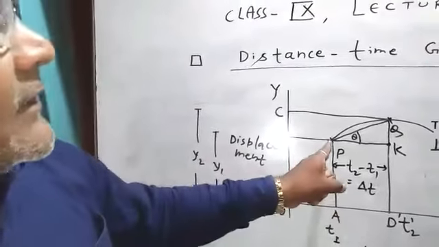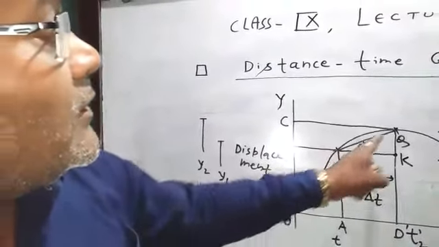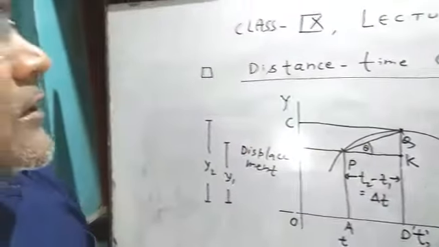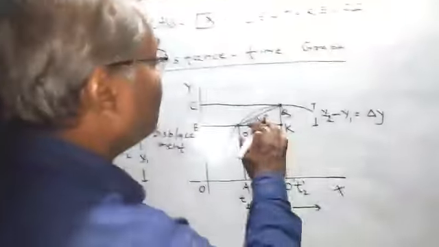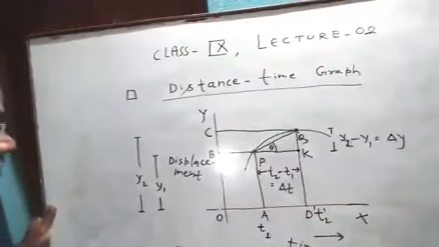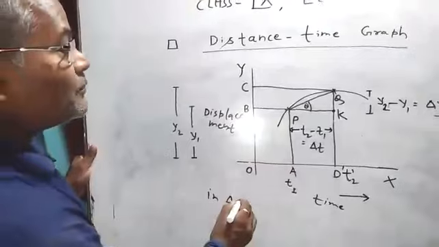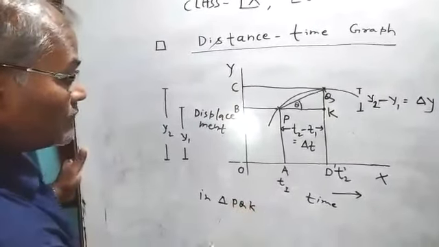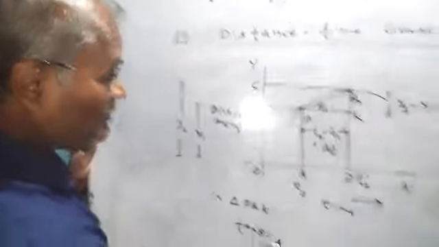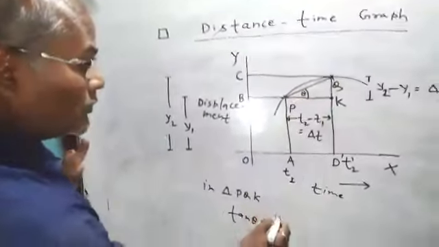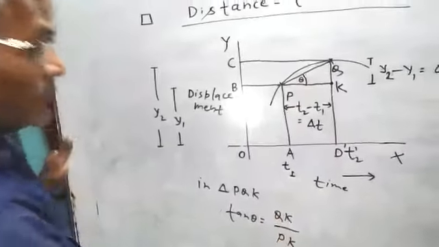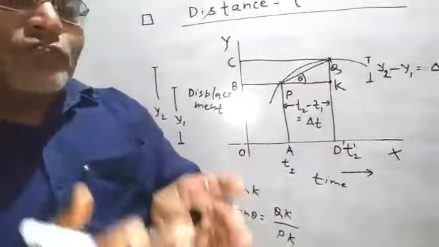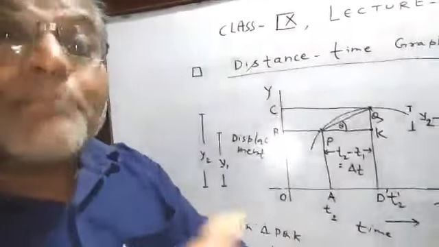So in this triangle PQK, by the help of trigonometrical identities, tan theta will be equal to QK upon PK, because tan theta is perpendicular by base.